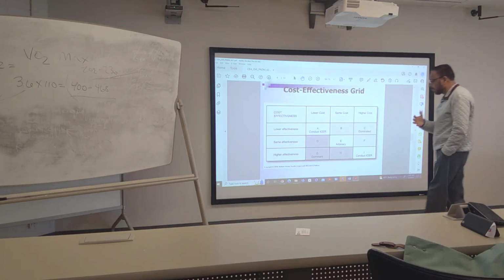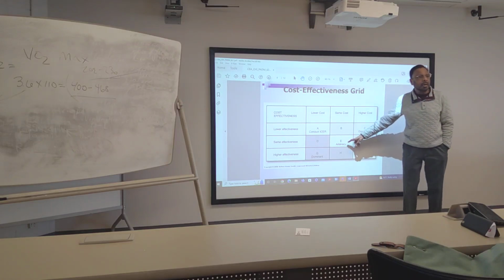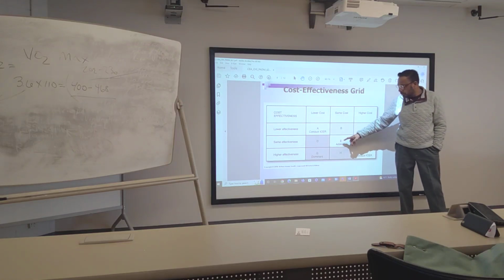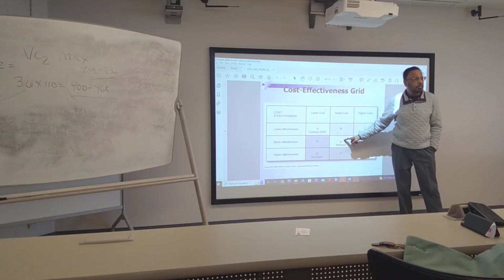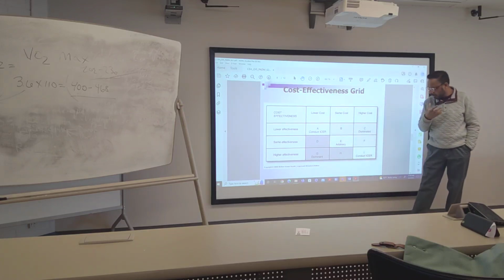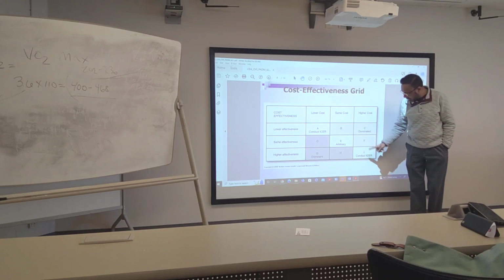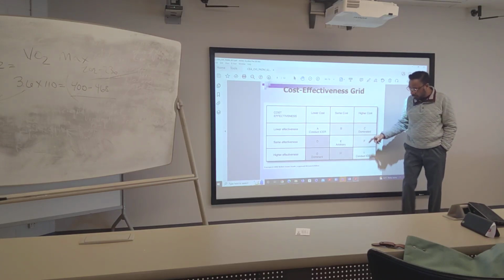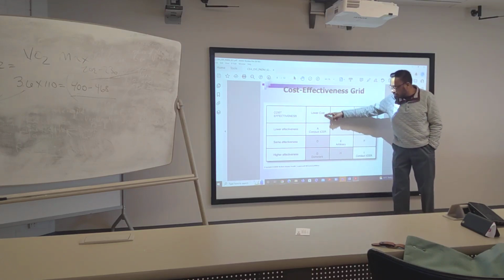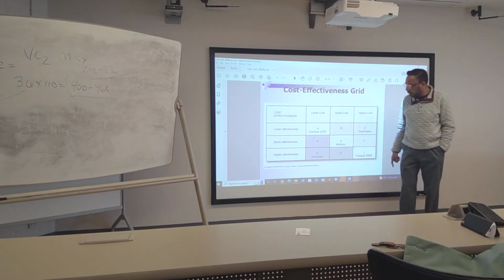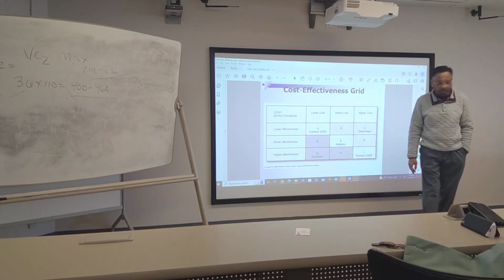If the doctor says the side effects are the same, you might say, I just don't like that pill, it's just too large to swallow. So same cost, same effectiveness, it's up to you. Those are the reasons. It's arbitrary, make a decision on your own. But essentially, dominated you should pay attention to, dominant you should pay attention to, and these two called the lead diagonal, where you do a cost effectiveness analysis.